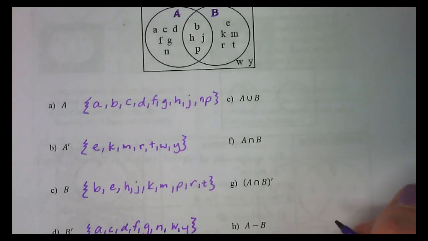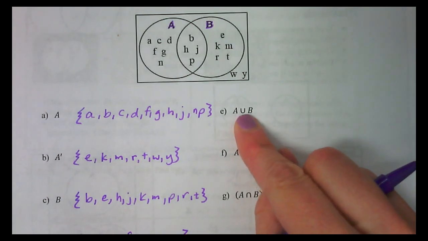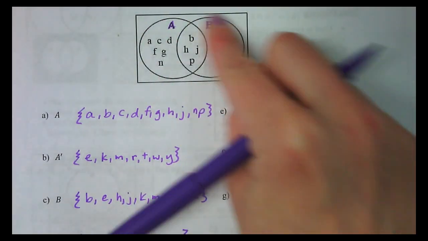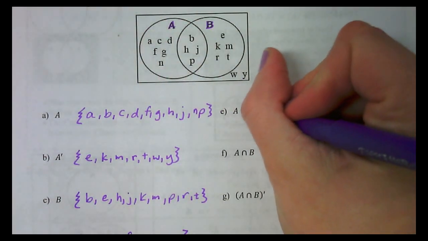A union B is going to be everything in both circle A and circle B all put together.